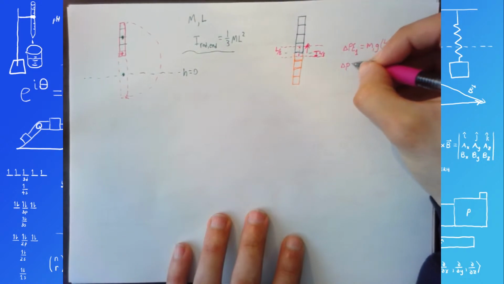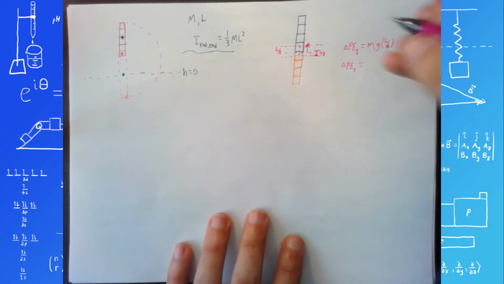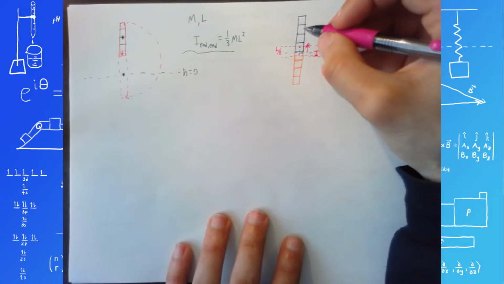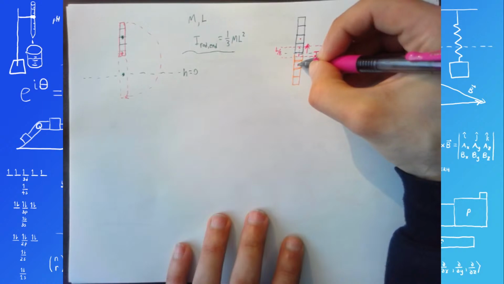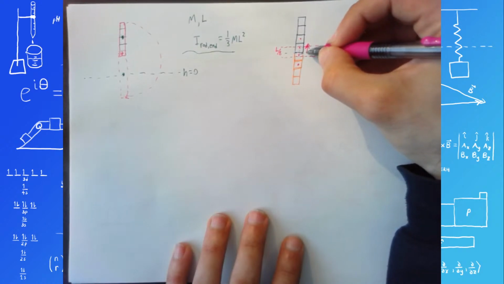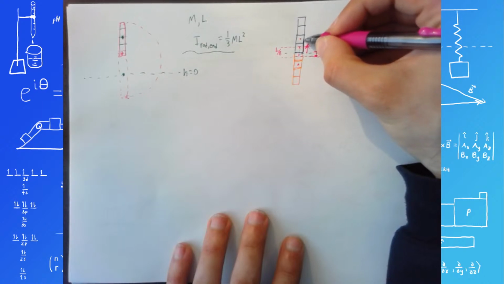Change in potential energy of the second piece. The second piece will have started up here and moved down to here. So it would have started, that's 1/4 length, and then 1/2 of a quarter is an 1/8.